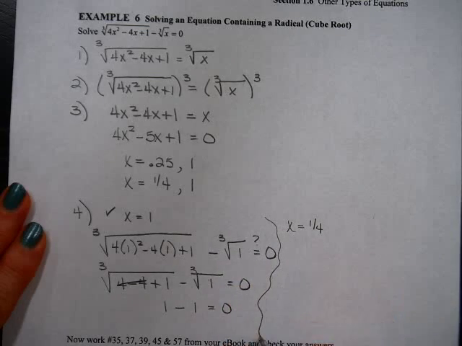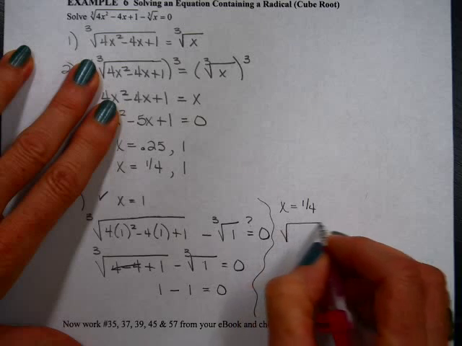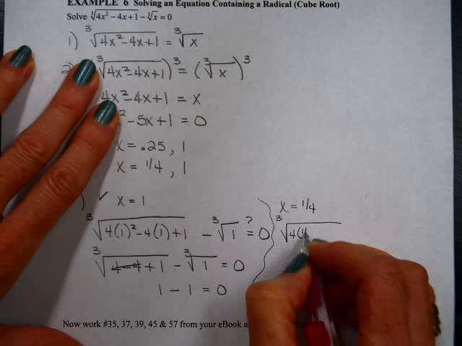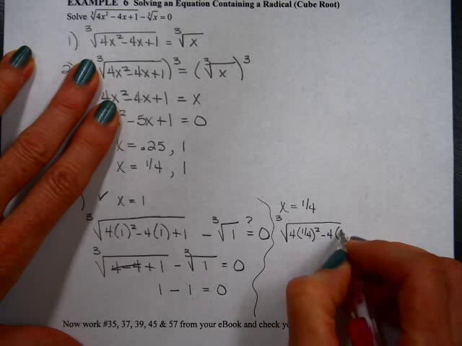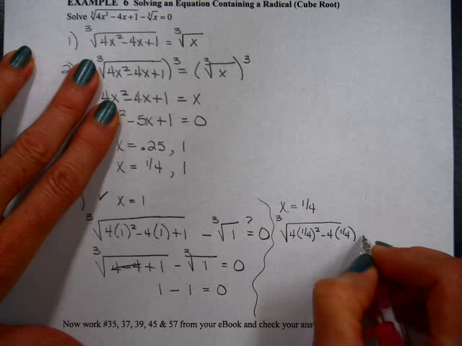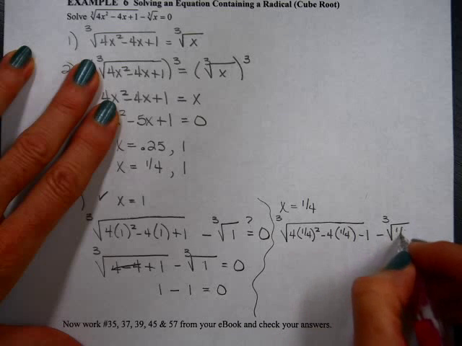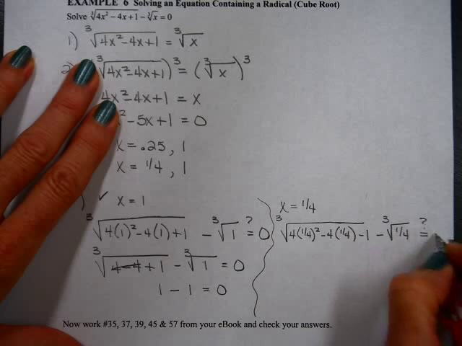So let's check x is equal to 1/4. We draw a line here so we won't get mixed up. In our original problem, the cube root of 4 times 1/4 squared minus 4 times 1/4 plus 1 minus the cube root of 1/4. We want to know if that is equal to 0.